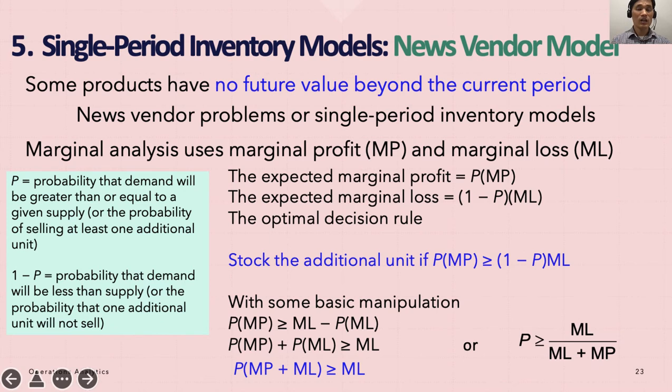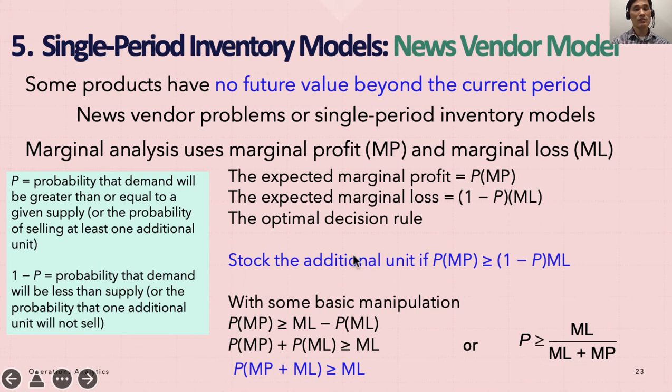If we use this marginal analysis, the expected marginal profit equals P, the probability that demand will be greater than or equal to a given supply, times the marginal profit, MP. So P times MP is the expected marginal profit, and the expected marginal loss is the opposite, 1 minus P times the marginal loss, ML.